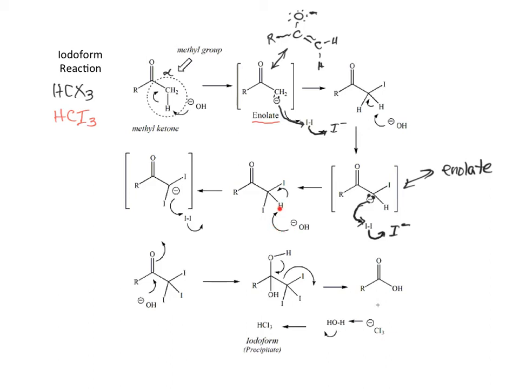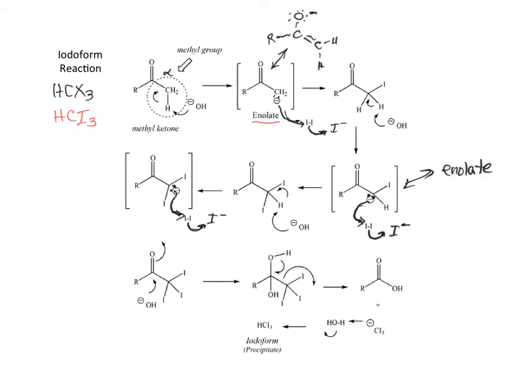Hydroxide ion acts as base, deprotonates, creates a carbanion with an unshared pair that can act as a nucleophile, attacking an iodine molecule, releasing an iodide ion, and now we have a triiodomethyl ketone.